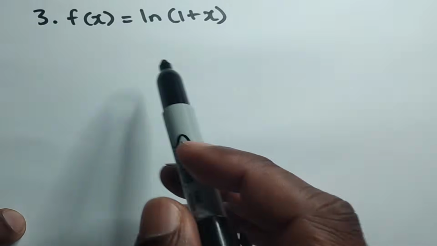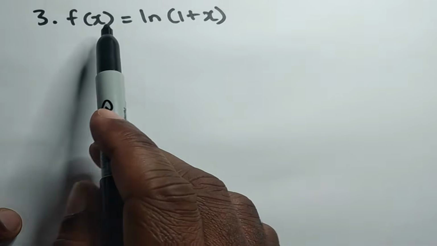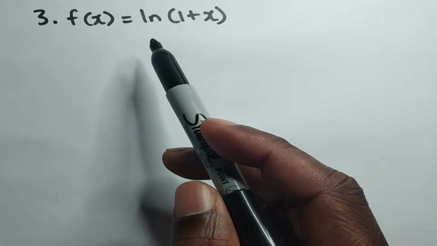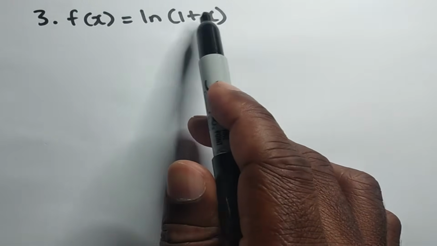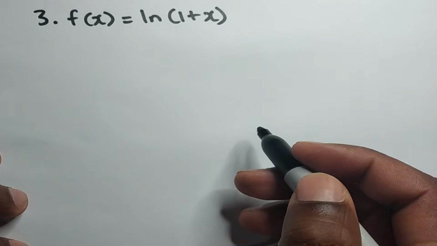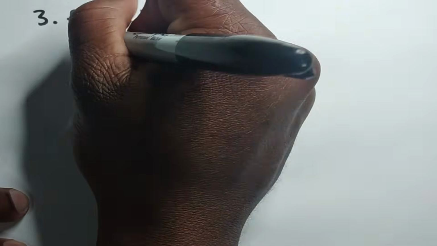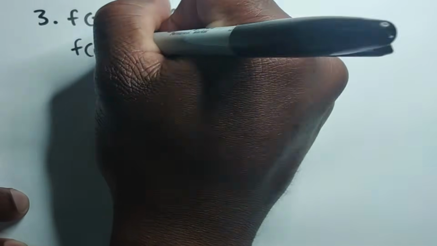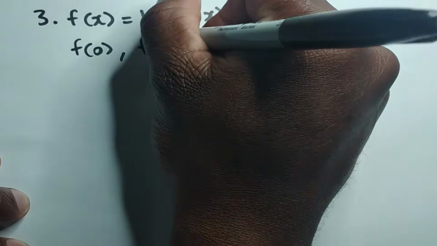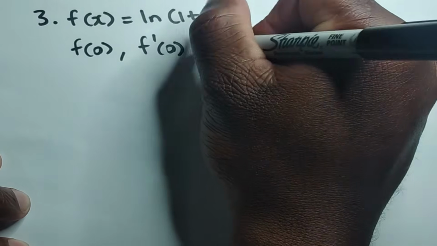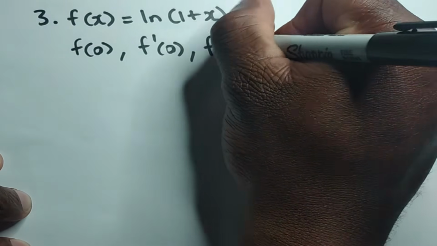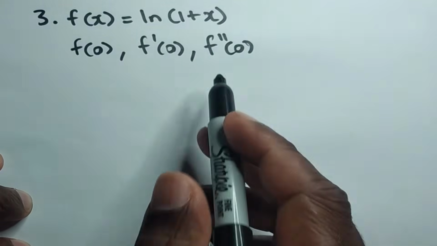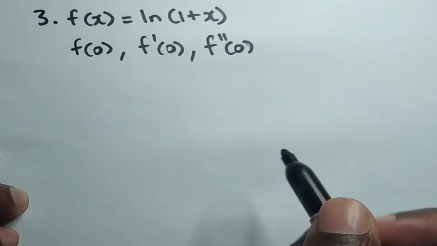Now let's look at how we can write the Maclaurin series expansion for this particular function. f of x is equal to ln of 1 plus x. Again, we know that we are going to need the result f of 0. We're also going to need the result that we'll obtain if we sub 0 into the first differential of f of x, and the result if we sub 0 into the second differential of f of x.